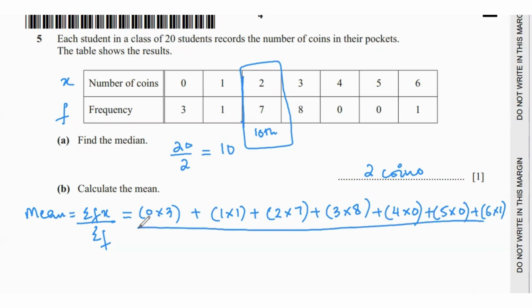And all of this is divided by the total frequency, which is 20. So that gives us an answer of 2.25. That's your mean value.